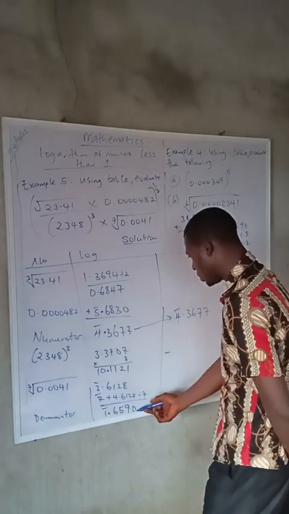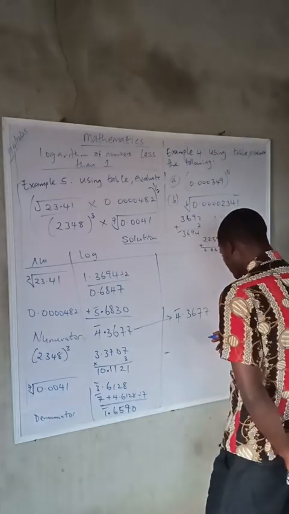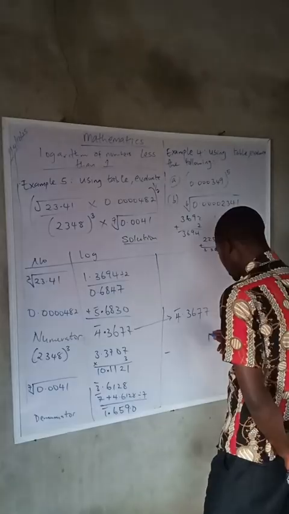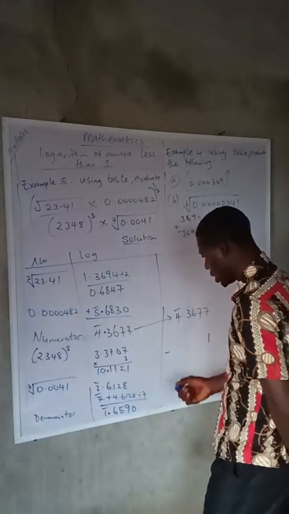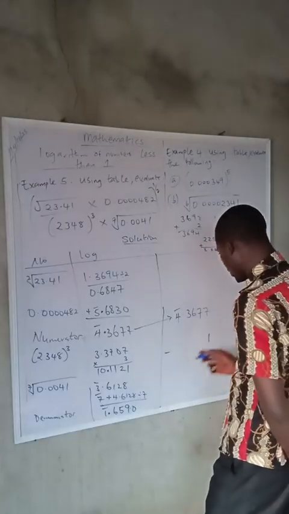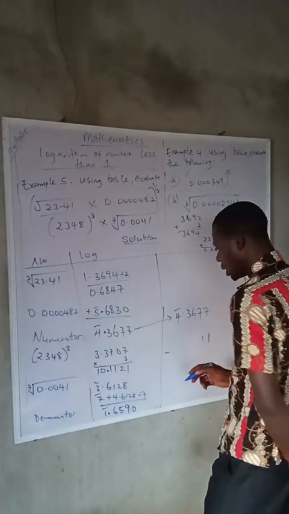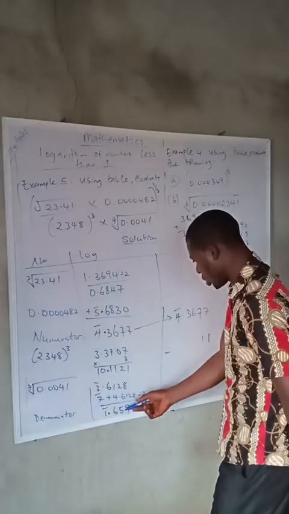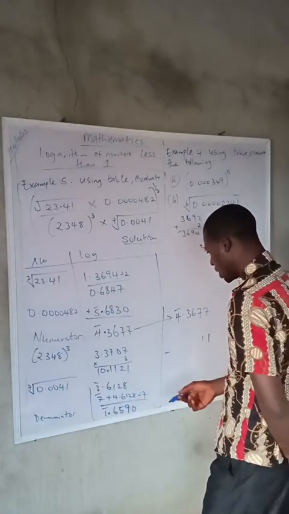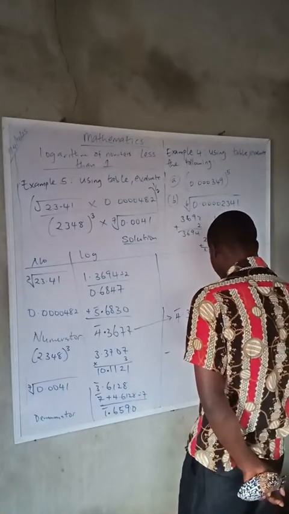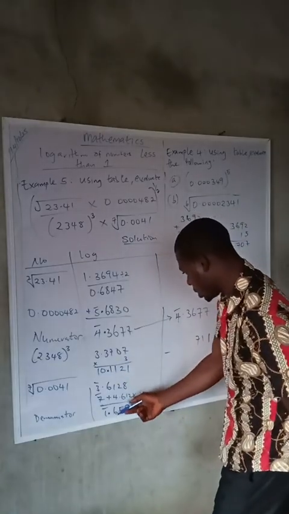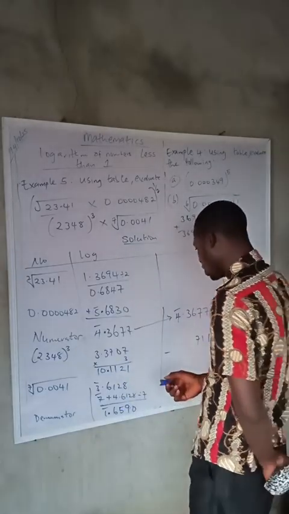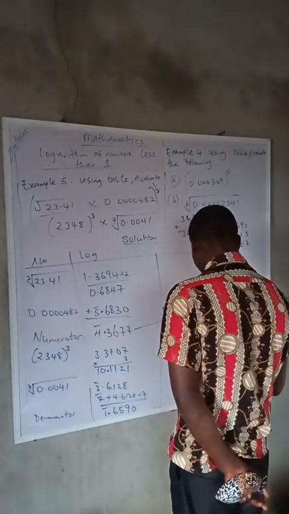So I will add it together now. So let's have 0 plus 1, that's going to give us 1. Then you have 9 plus 2, that's going to give us 11. Then you write 1. Then you have 5 plus 1, that's 6 plus 1, that's 7. You have 7. Then you have 1 plus 6, that's going to give us 7 again.